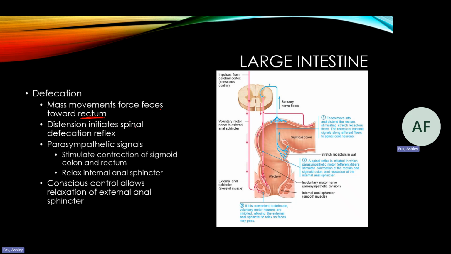So what happens again, distension, these are going to be pressure receptors, is going to stimulate a reflex in your spine. So it's going to be central nervous system. This reflex is parasympathetic, makes sense. Remember, this is rest and digest. So this is going to cause the last part of the colon. Remember, you have ascending, transverse, descending, sigmoid, and then the rectum. So you're going to stimulate contraction of the sigmoid to go into the rectum.